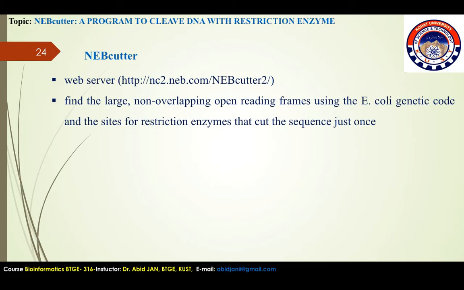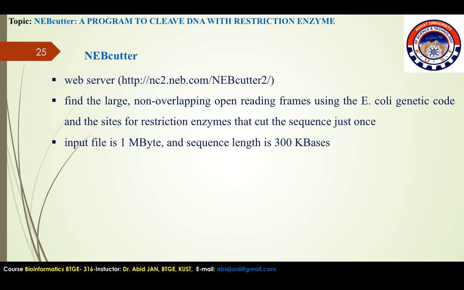NEB Cutter will take a DNA sequence and find the large non-overlapping open reading frames using the E. coli genetic code and the sites for all type 2 commercially available restriction enzymes that cut the sequence just once.